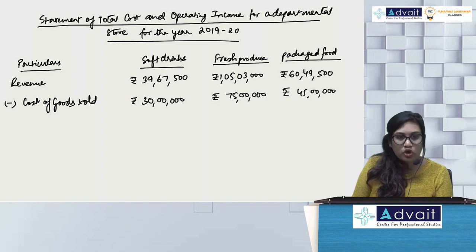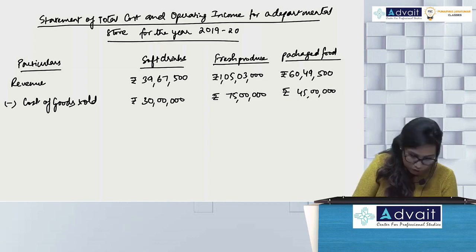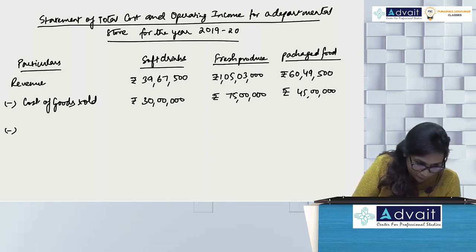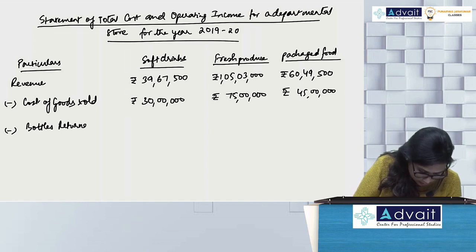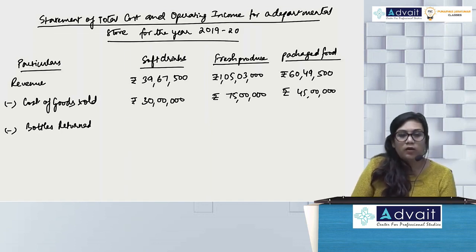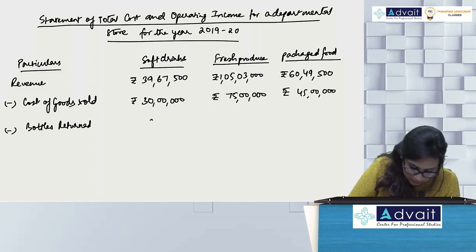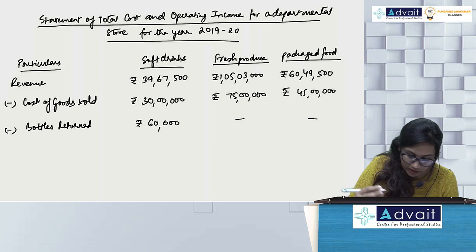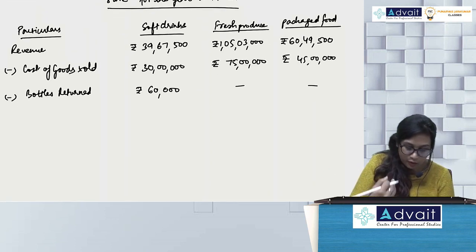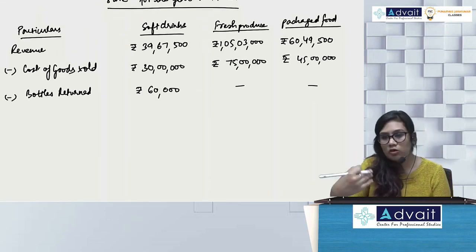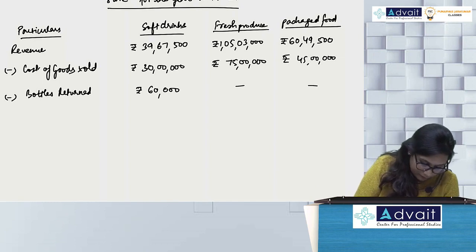So cost of goods sold is done. Now what else? All these costs that we calculated the rates for. First will be bottles returned. That is 60,000, directly given to us. For soft drinks, we don't need to worry. We can just put it under the soft drinks column directly.